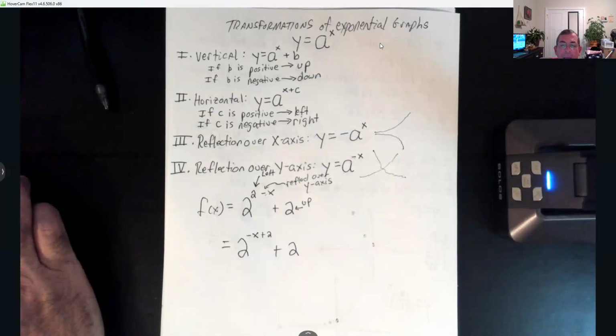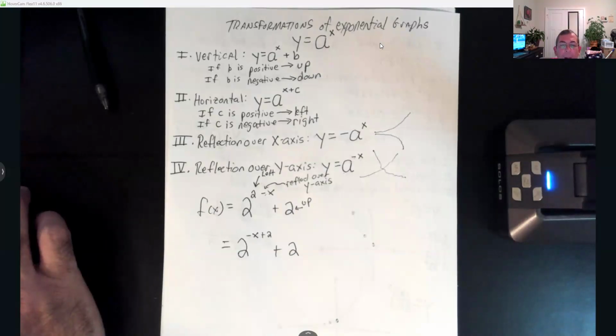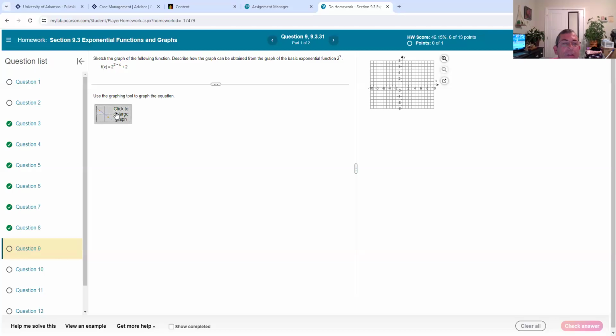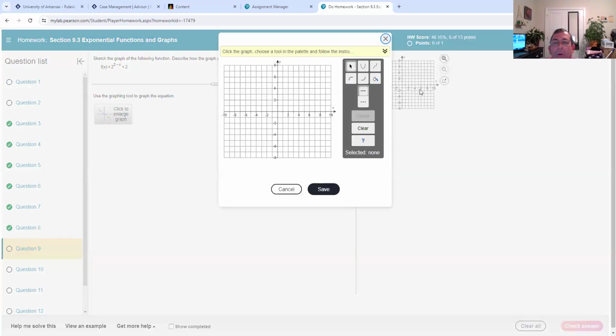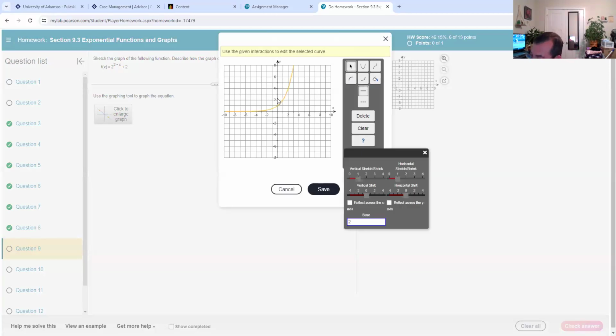So let's go back to Math Lab, because we got to graph it first. So we're going to click our exponential tool, click on the graph. So we went left 2, so that would be horizontal to negative 2. We'll reflect it over the y-axis, so come down and highlight that box and check it.